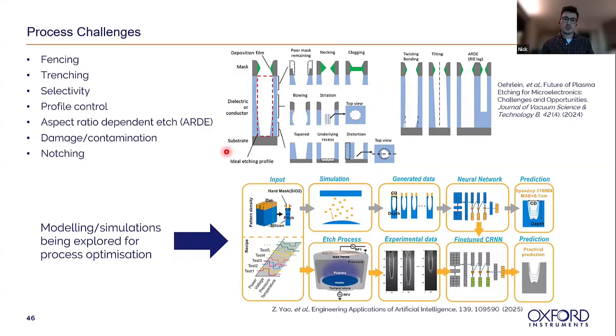So using things like digital twins and Monte Carlo simulations: simulating your etch and then working out what the optimum conditions will be before you then go and try it experimentally. So we'll speed up process development and process optimization a little, and we're wasting fewer wafers trying to get to the ideal process.